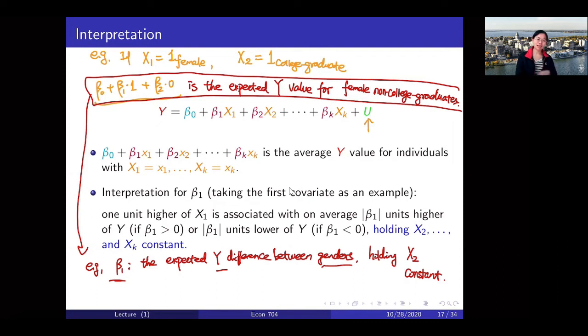That's the conditional mean of y given female over the conditional mean given male. You could also hold education constant and see, among men and women with the same education level, what's their expected income difference? And that's described by beta 1 in a conditional mean model with 2 variables.